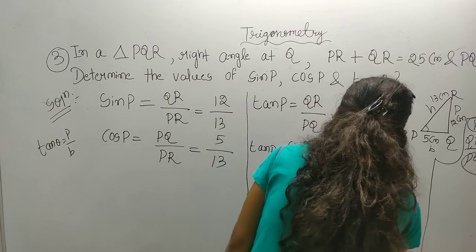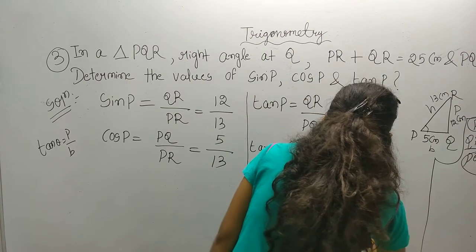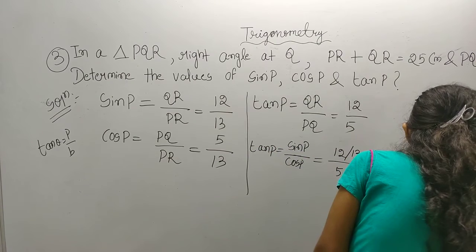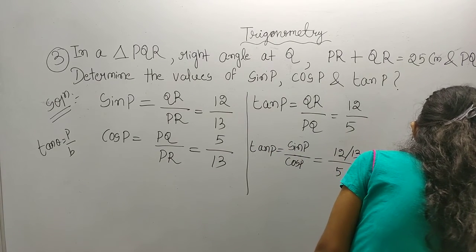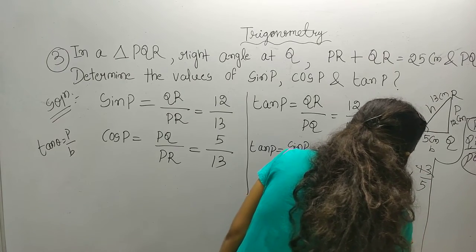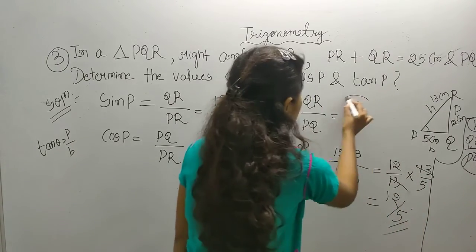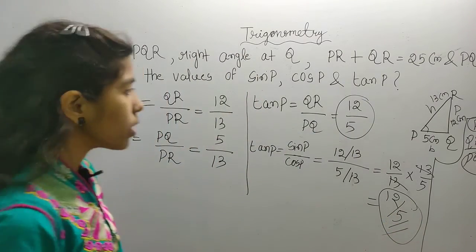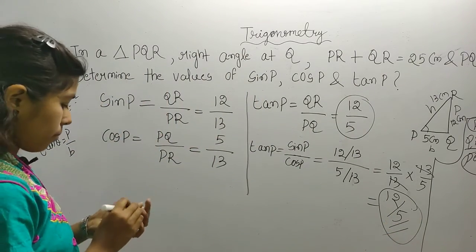So 12 by 13 into 13 by 5. It will cancel. Then tan P came 12 by 5. So here also 12 by 5, here also 12 by 5.